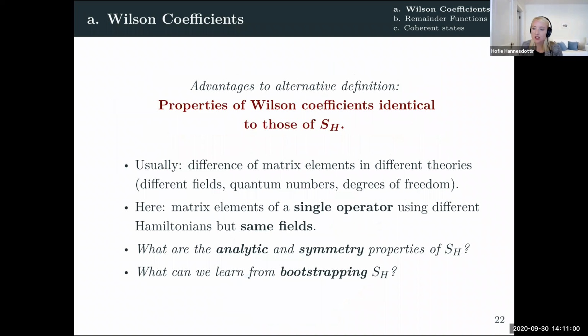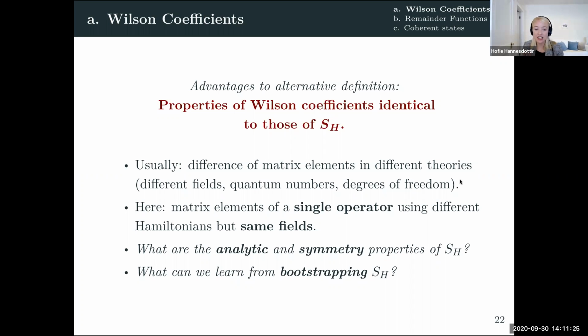Okay. So what I wanted to point out here is that now that we have this new definition of the Wilson coefficient, that's really different from what we usually do, because usually we take the difference of matrix elements in the full theory and the effective theory. And these matrix elements have different fields and different quantum numbers and different degrees of freedom.